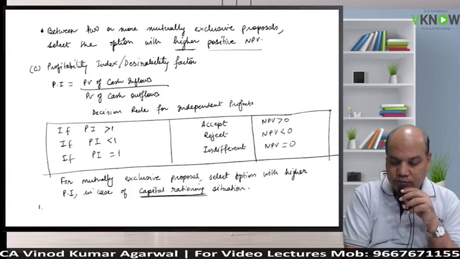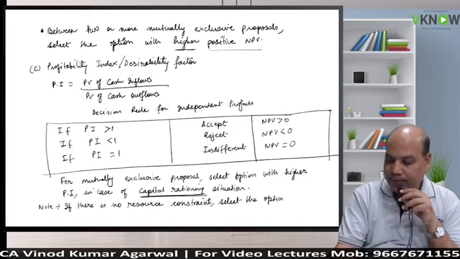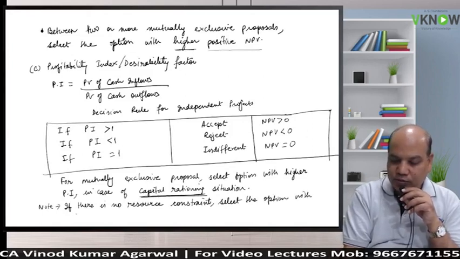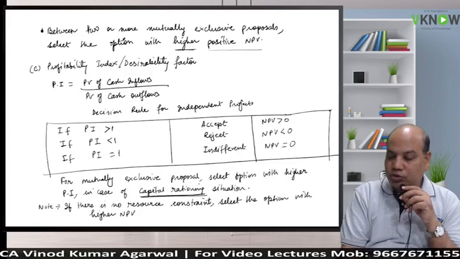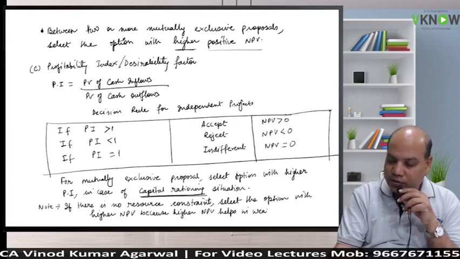But one more note, write down. Note, if there is no resource constraint, then select the option with higher NPV, because higher NPV helps in wealth maximization.